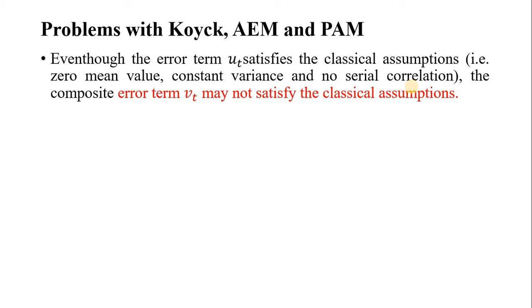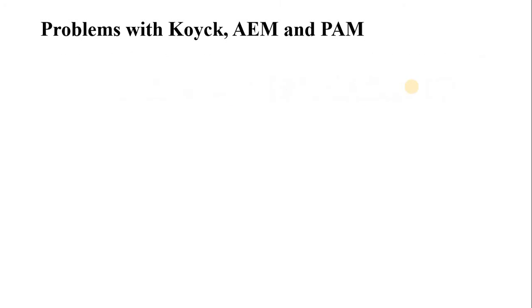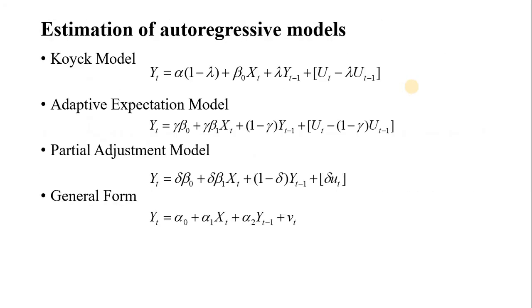When we discussed the Koyck model, we started with the infinite lag distributed model. There we had an error term called u. But if you look at this model, here we don't have u; instead we have u_t minus lambda u_(t-1). That is the error term, and we call this bigger term v_t.